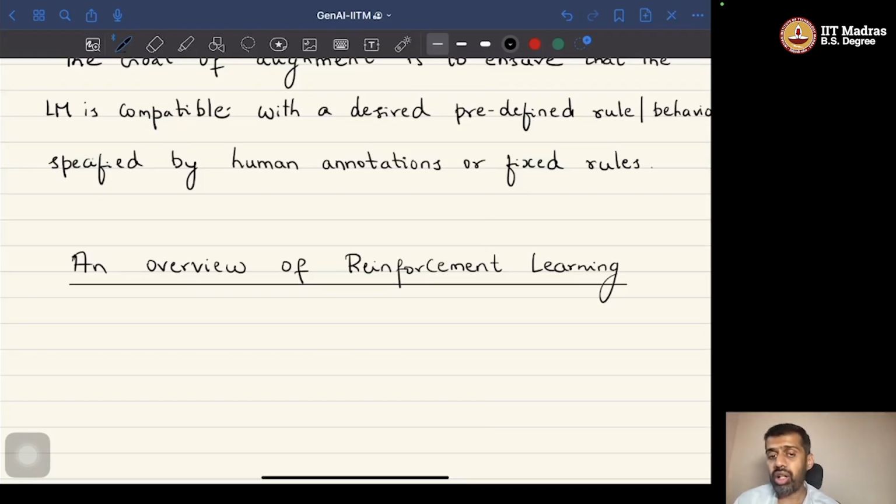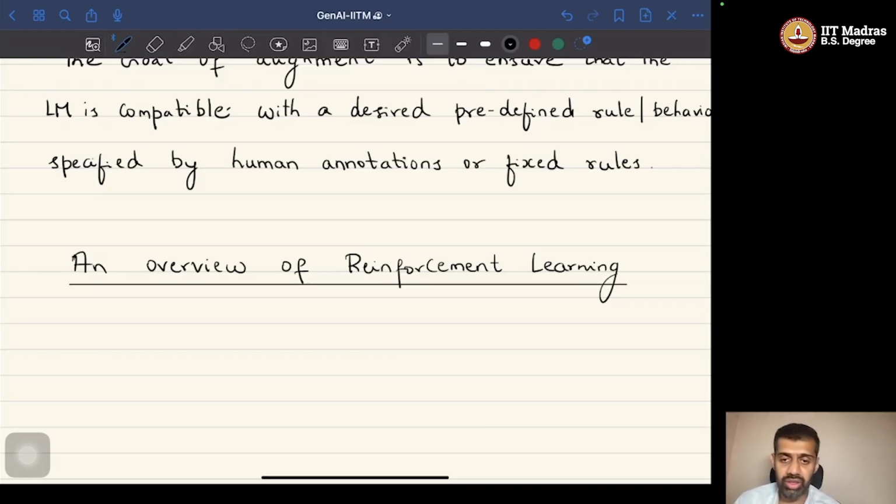Now, if you look at how human beings learn, we perform a particular action, right? Based on the action that we perform, the environment that we are in gives feedback. This feedback can be positive or negative. Now, based on the kind of feedback that a human being receives, we will change the way we act when we are confronted with the exact same situation later, right?